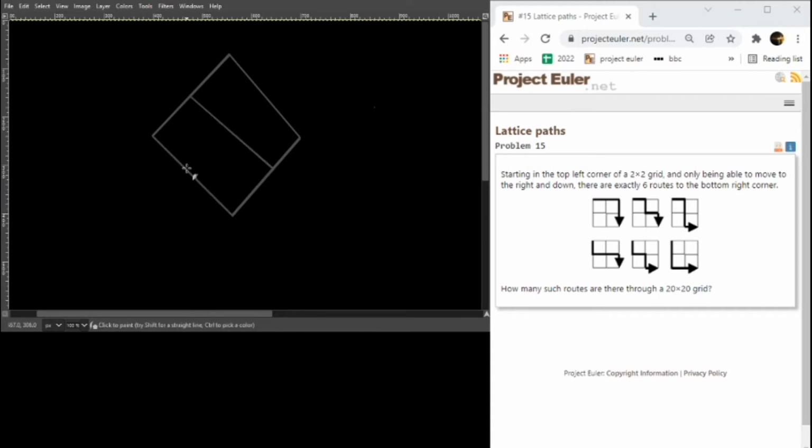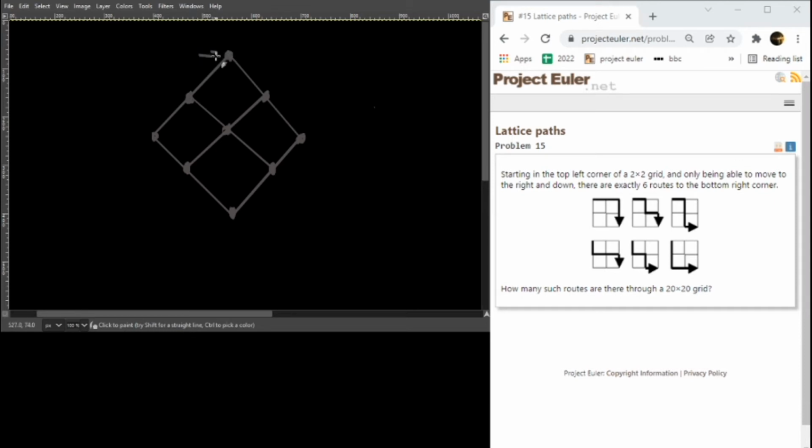So we'll do this and this. There we go. Right. Let's mark all the points as well. There we go. So there's our lattice. Now let's figure out all the paths through this lattice.